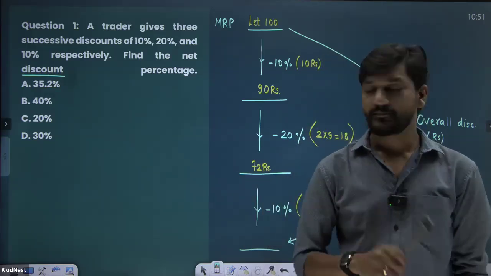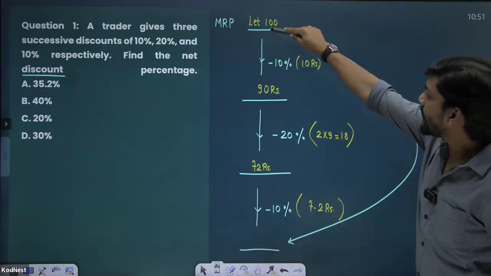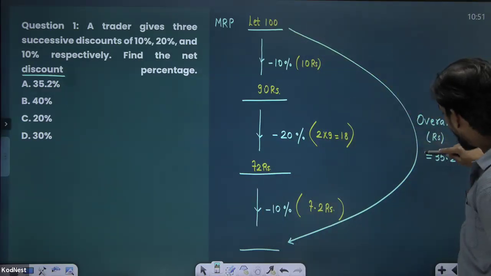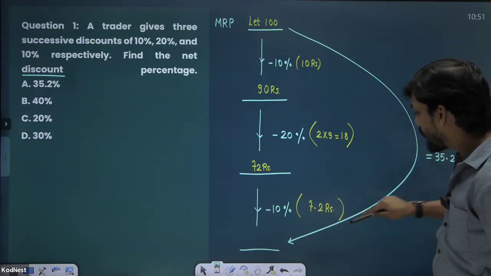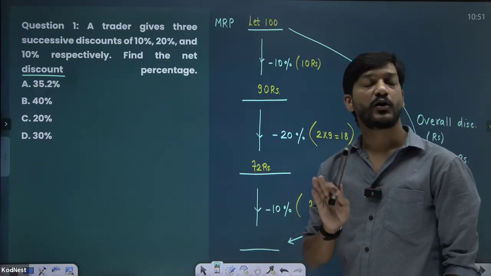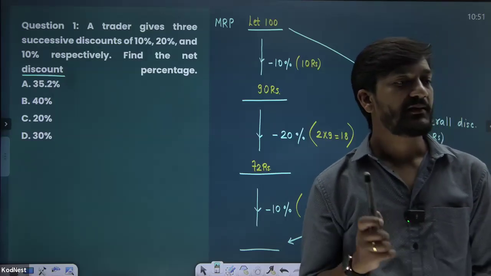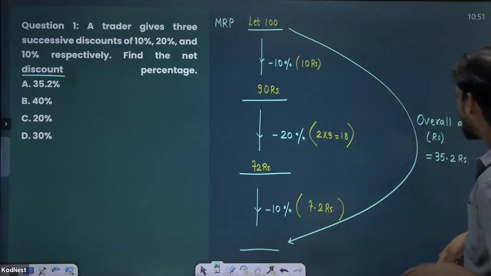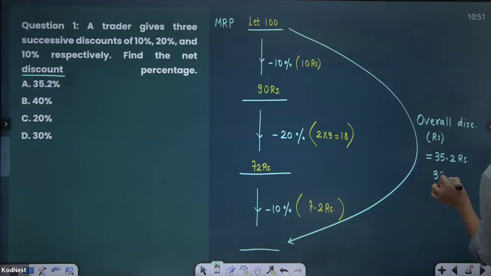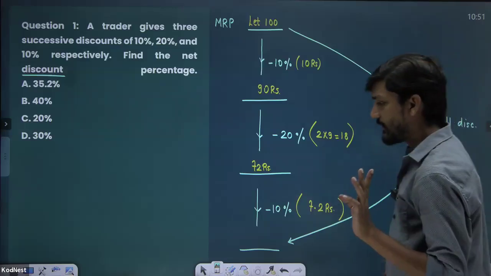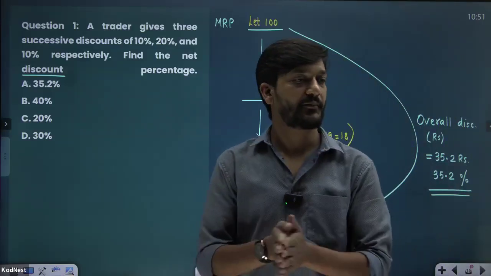So now answer please. On 100 rupees, you have got a discount of 35.2 rupees overall. So how much percent have you got? Can I say the same value in percentage? 35.2%. Please carefully answer. Can I say or not? Yes.